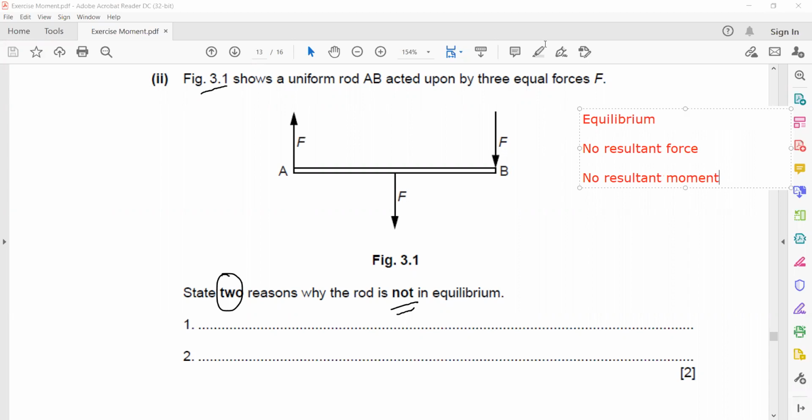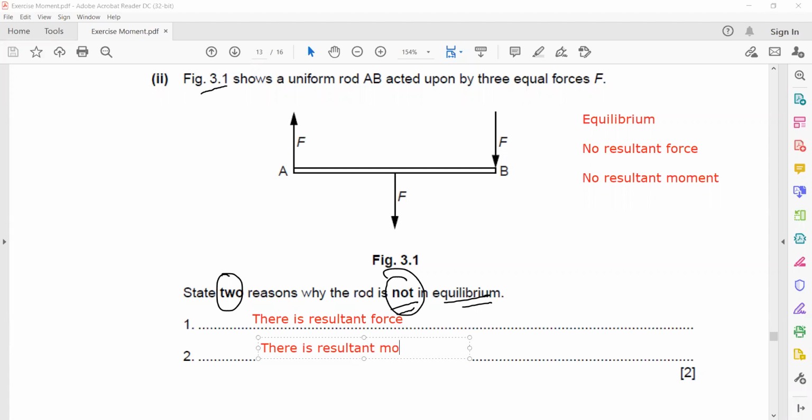But they slightly change the question. They're asking why it is not in equilibrium. So if an object is not in equilibrium, it means there is a resultant force, and the second thing, there is a resultant turning effect, or you can say moment.